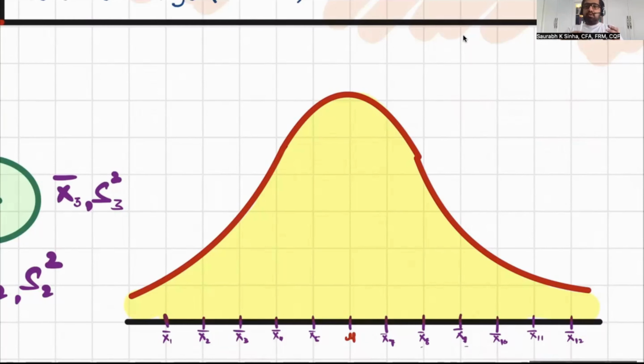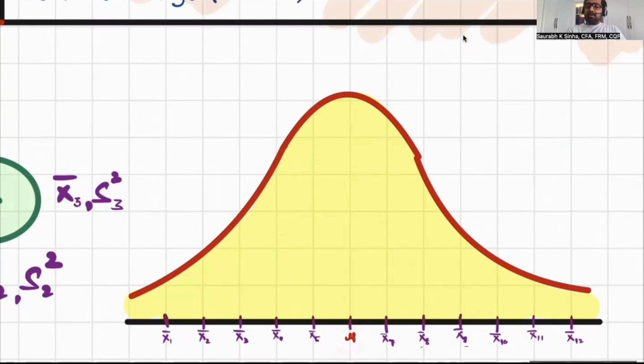Why is mean BLUE? Because the mean of all the sample means is equal to the population mean. That is the formula of mean, summation of xi upon n. The formula is designed in a way that if you keep on taking all the exhaustive samples, calculate the mean of each sample and then take the mean of the sample means, that is going to be the population mean. It has to be, because it is BLUE.